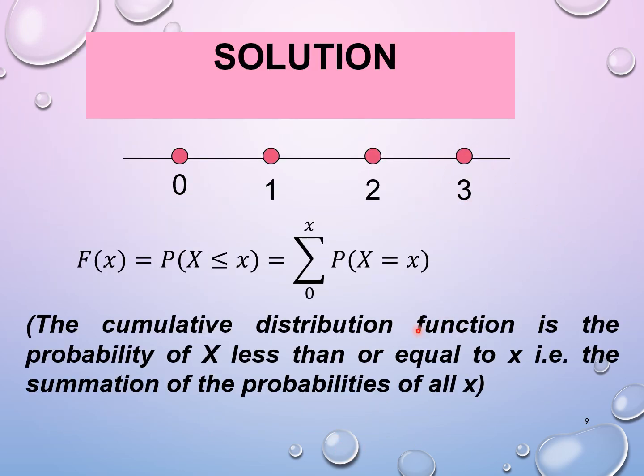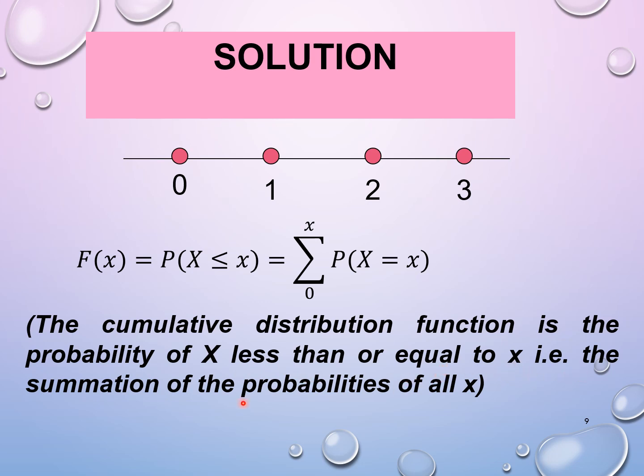Okay, solution. We know that the cumulative F(x) is equal to the probability of X less than or equal to x, and also equal to the summation of the probability X equal to x from 0 until x. The cumulative distribution function is the probability of X less than or equal to x.